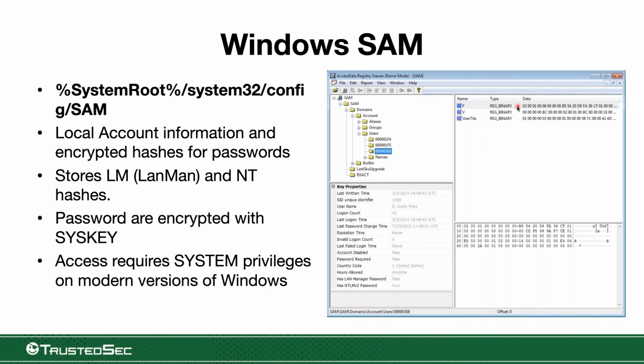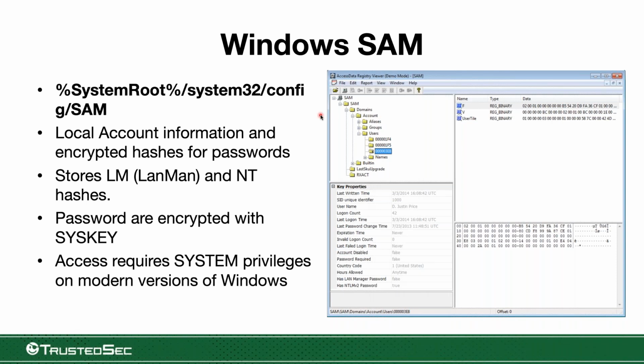And then their password is actually stored encrypted as registry entries, and they're encrypted with SysKey. To get access to this hive, we have to be SYSTEM on the target box. So we'll have to look for ways to escalate privileges to be able to read this registry key.